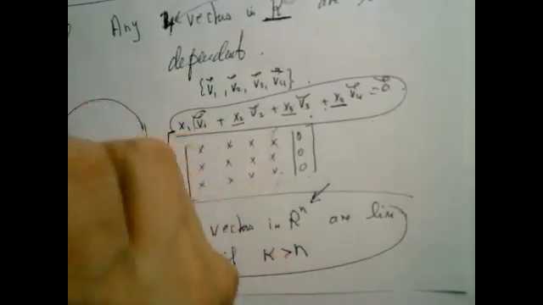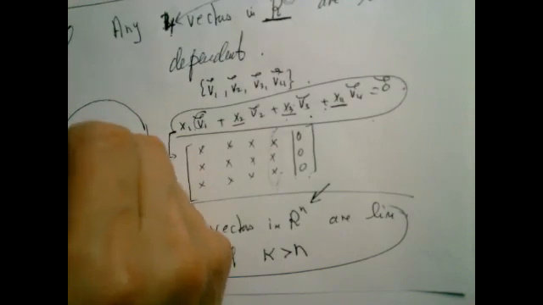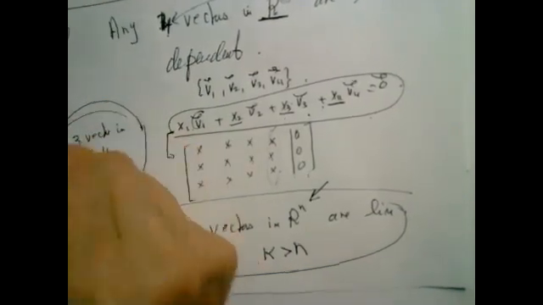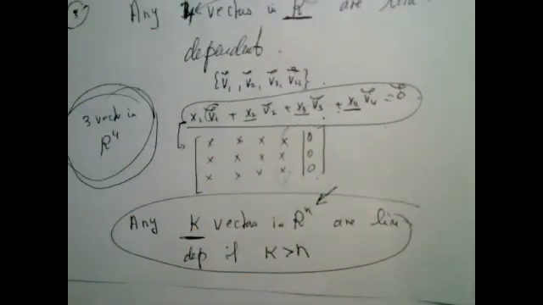However, this will be my last question. What if I give you 3 vectors in R4? Can we say anything about them? Actually, nothing.